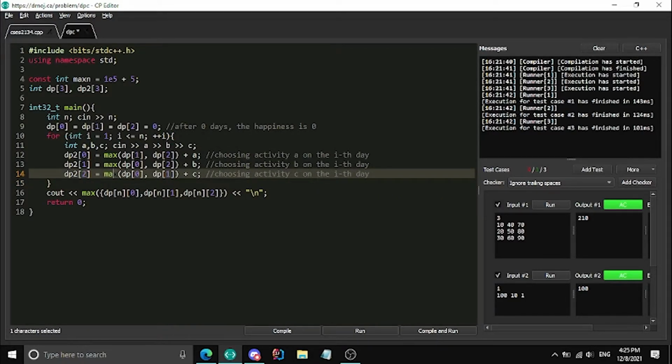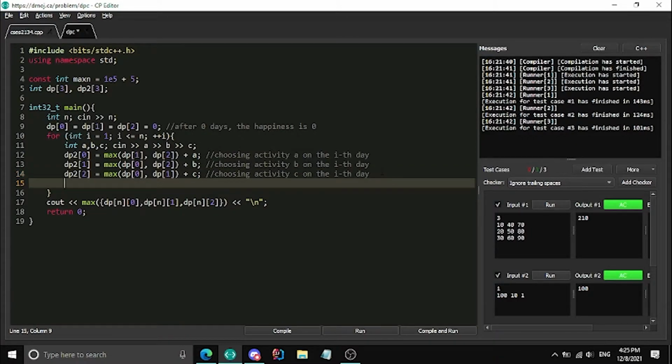The reason I don't have just one dp value is if I change one of the dp values in the first line and then I try to use it again in the next line, I might have some problems if I need to reuse the same dp value. And so this should work fine though.